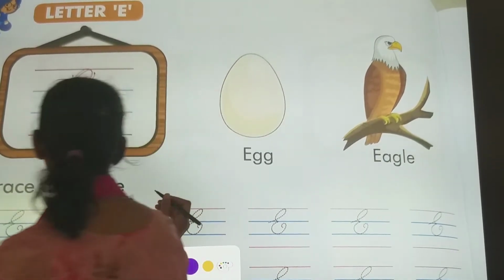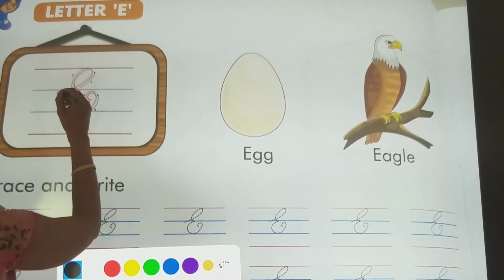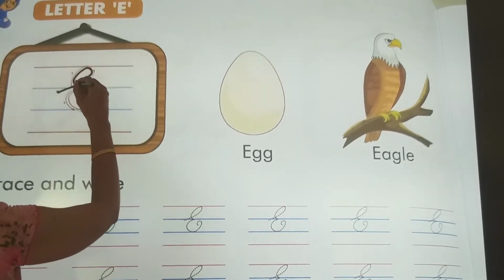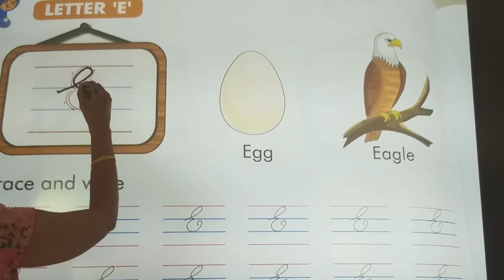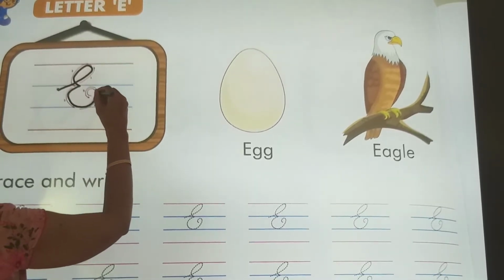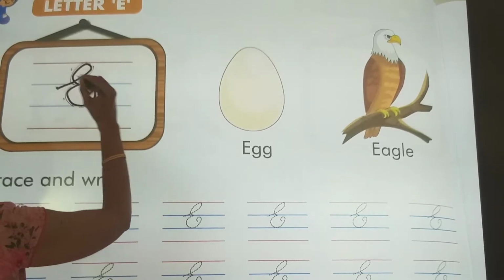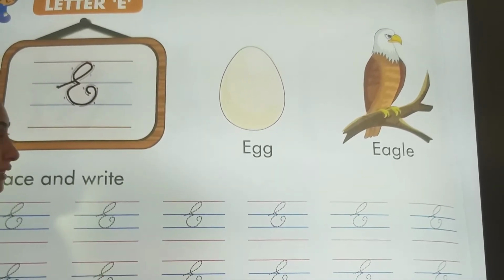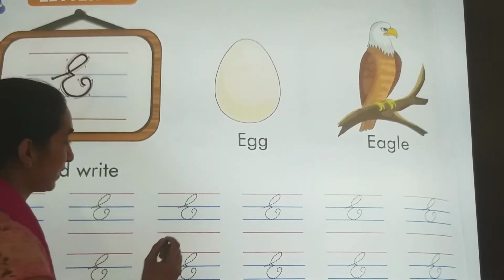We will take from this line, go up, take a loop to the first blue line, take a curve to the second blue line and then a curve. This is E. Let us practice it again.